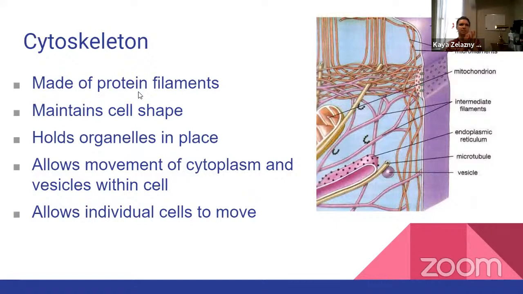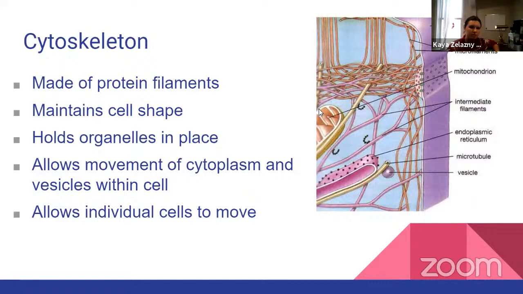Like if you've ever seen them doing repair on the front of a building or building a building, right? You know how they put up a scaffold in order to kind of hold everything in place while they're making it. The cytoskeleton looks like that, but inside your cell. So it's always there, but usually it's not drawn in, because if it was, it would look kind of like this image on the right, make everything super messy.